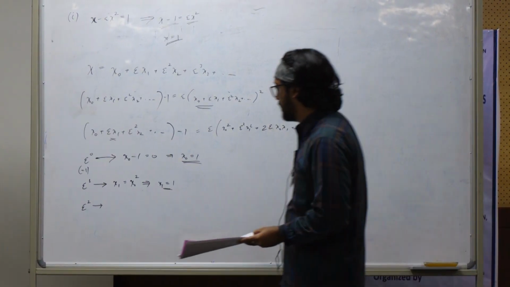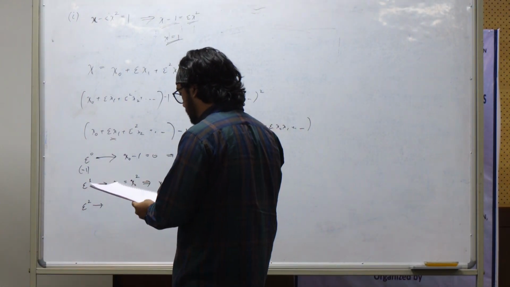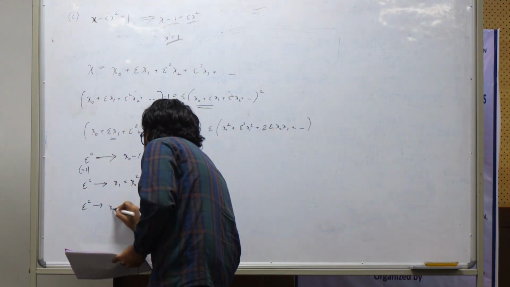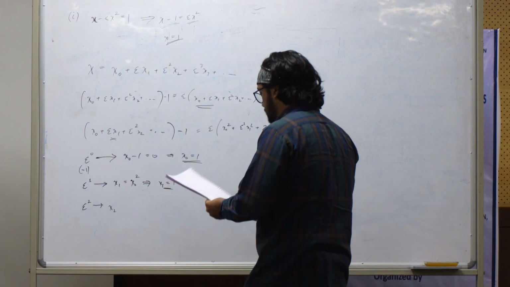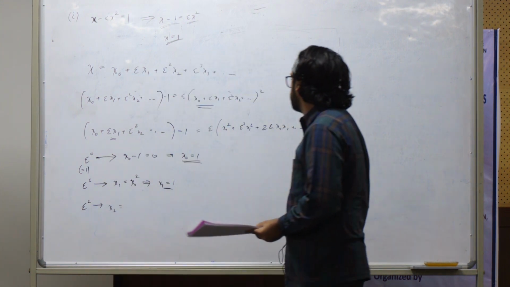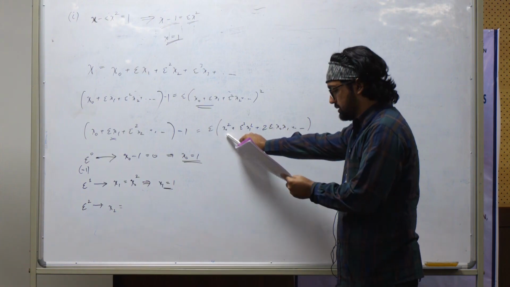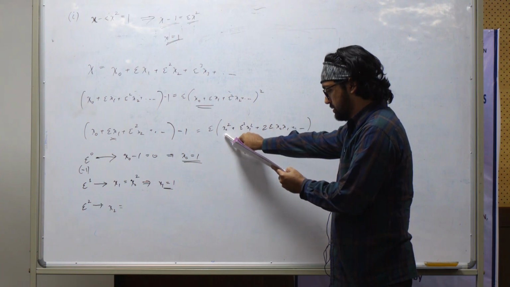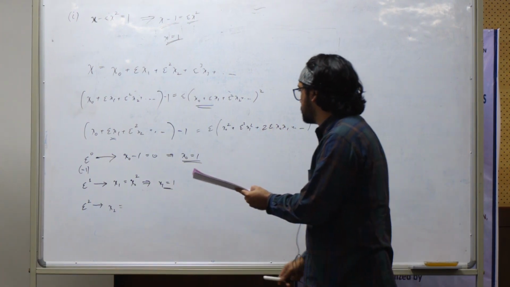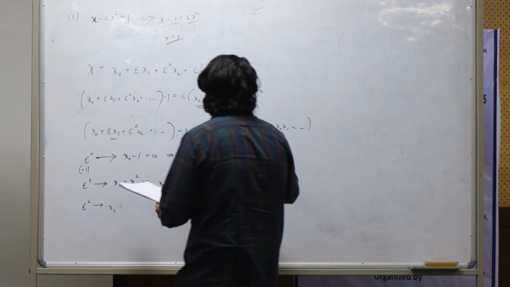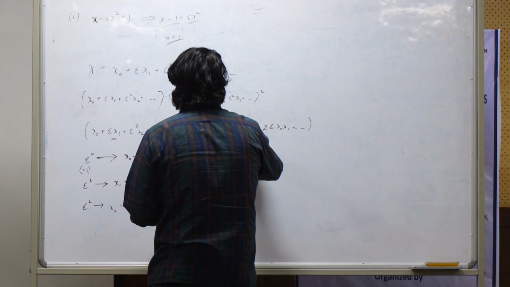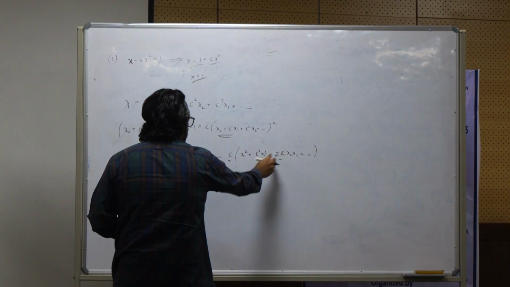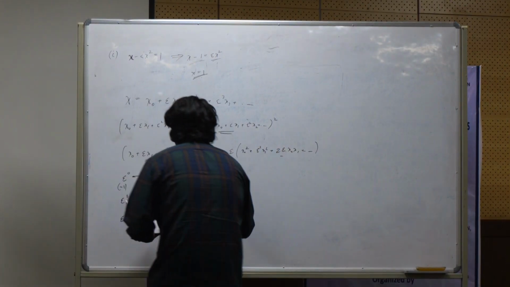Gathering the terms at the second order of epsilon, we get x2 equals epsilon x naught square, and this term here, epsilon times epsilon, so you have 2 x naught x1.